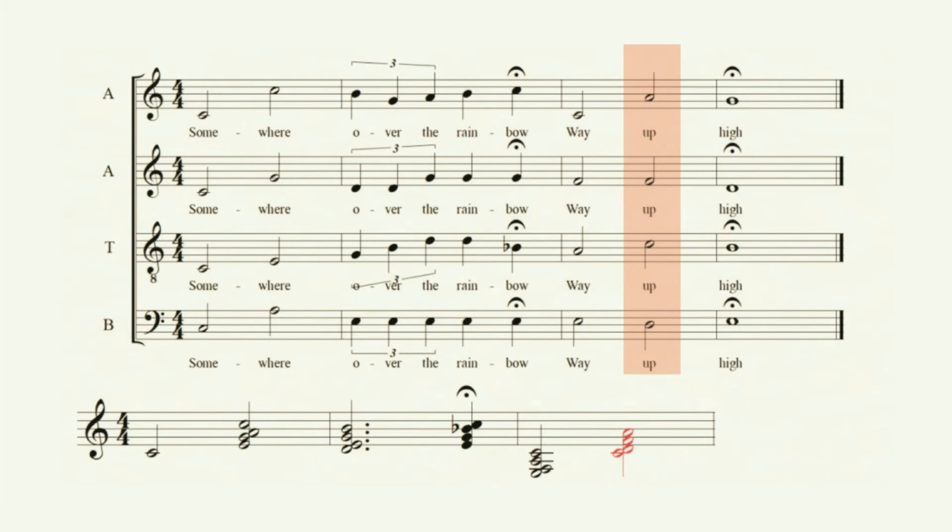The next chord shows us a root position D minor 7th chord, which has been inverted to place the A natural in the melody.